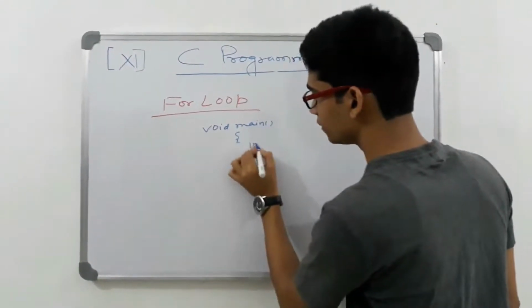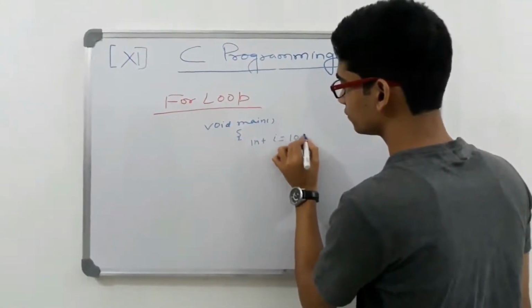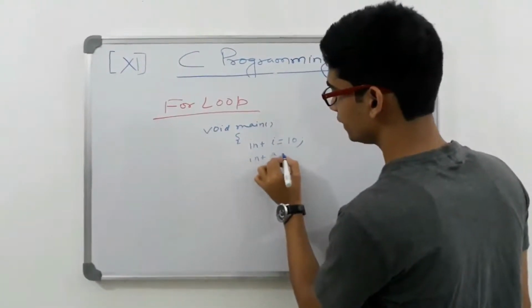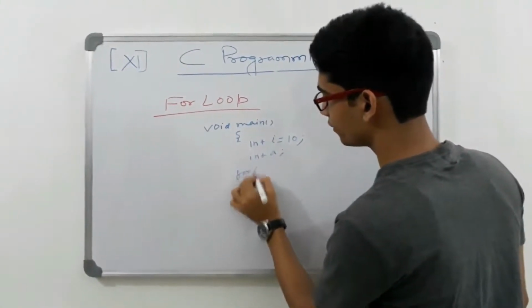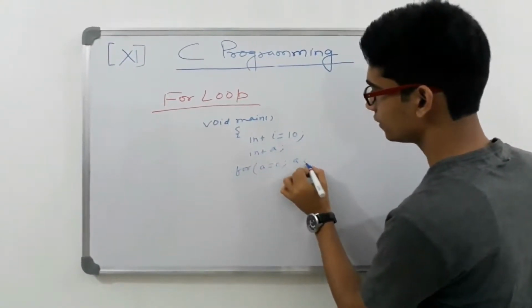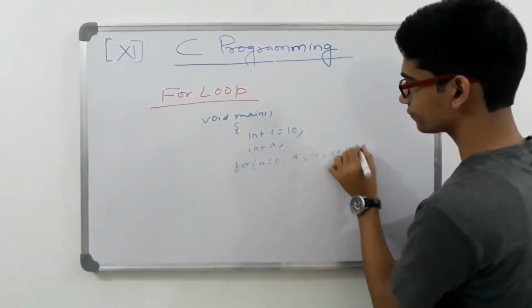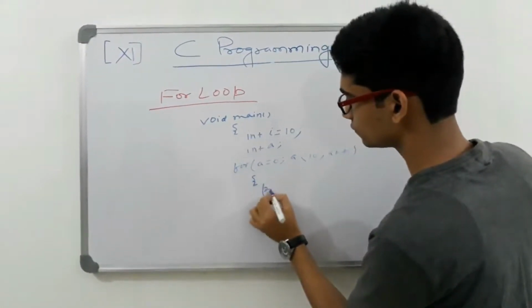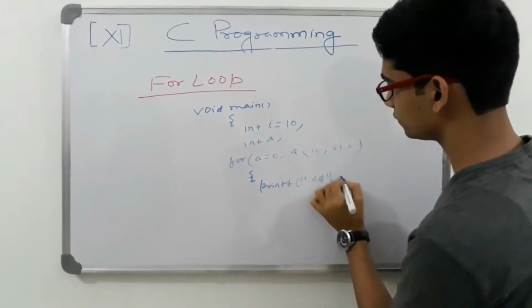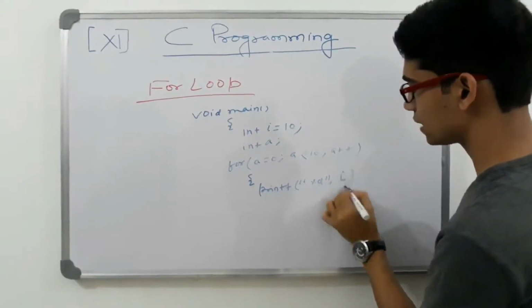I write int i equal to 10, and then I write int a, and then I write for a equal to 0, a less than 10, a plus plus, printf %d, i.